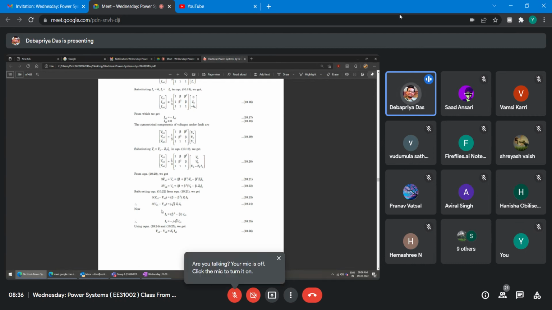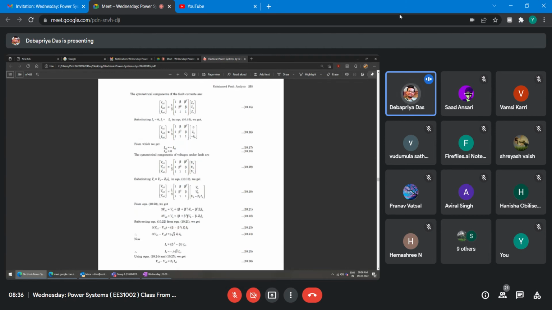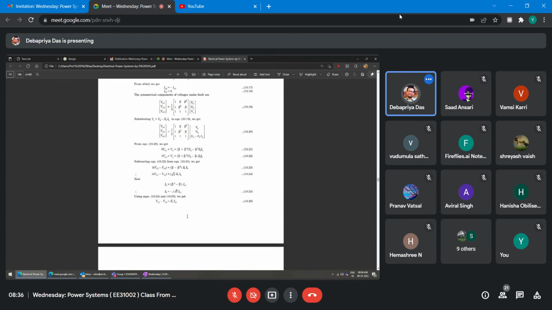Therefore, now IB is equal to beta square minus beta times IA1. From the equations given, you know IA is equal to IA1 plus IA2 plus IA0. Similarly, you know the expression of IB: beta square IA1 plus beta IA2 plus IA0, right?